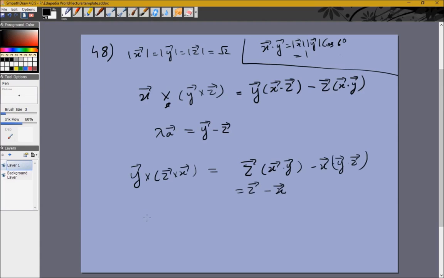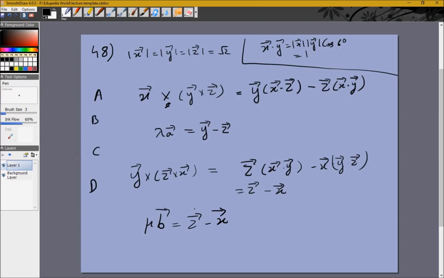So let's take another scalar mu. So mu times b is equal to z minus x. These two things are given to us, right? Now we can just start putting in options and seeing. So let's see for options A, B, C and D.